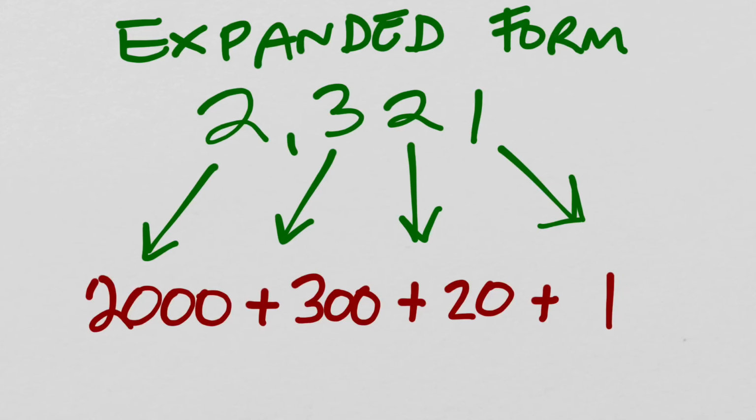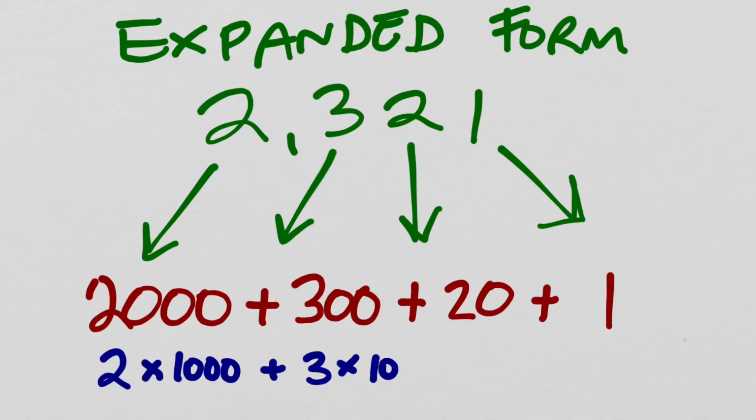There are other ways to write it. You might see it this way. 2 of, now of means multiply, 2 of the thousands plus 3 of the hundreds plus 2 of the tens plus 1.